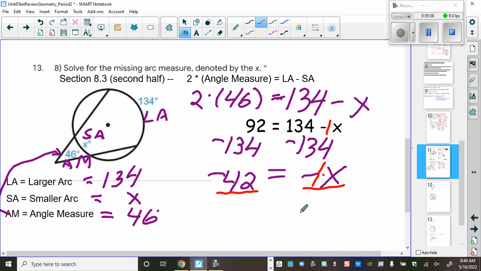So you're on the right track. We got to divide by something. But rather than negative 42, we're going to divide by negative 1. So negative 42, we have to divide by negative 1. That's how we're going to get our x to this problem.